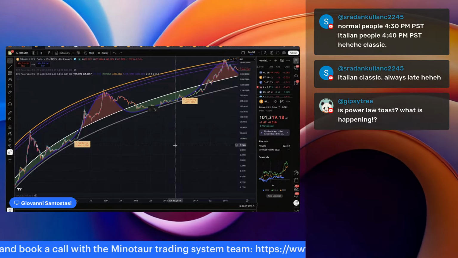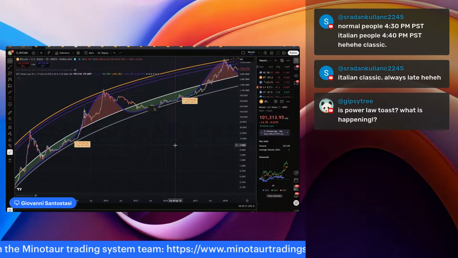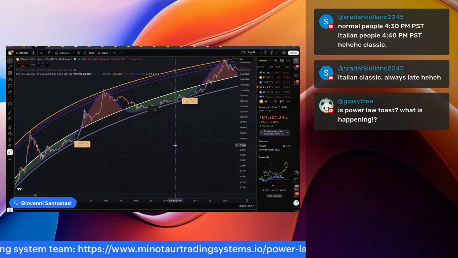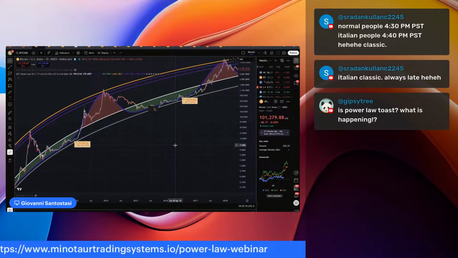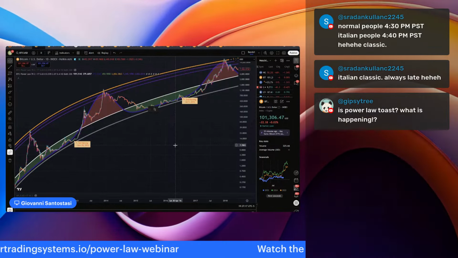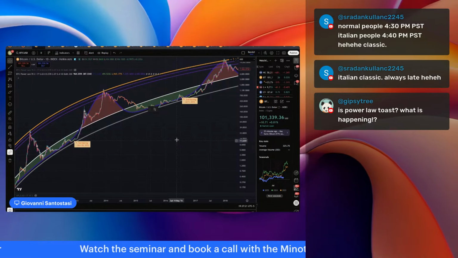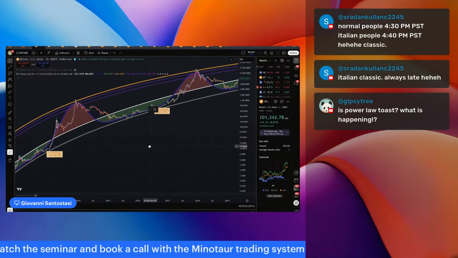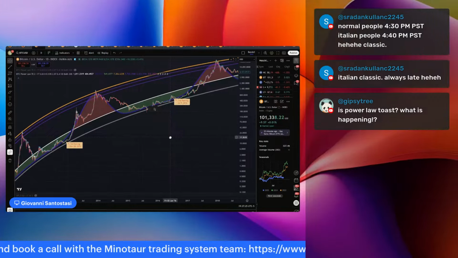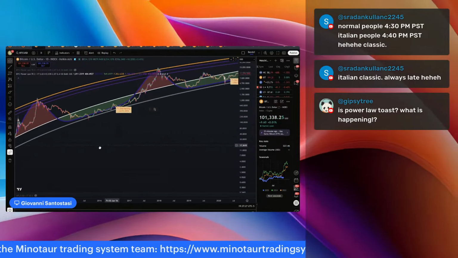We have a power law, and then we add this decay that we observe if we take deviations from the power law, to show that even these bubbles were predictable.